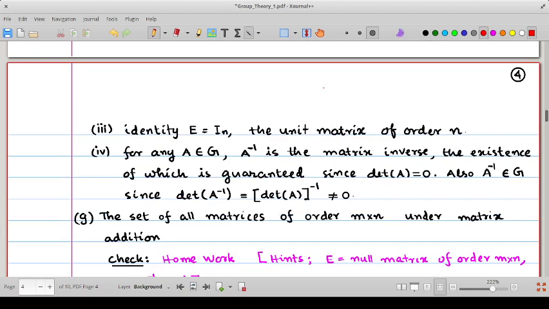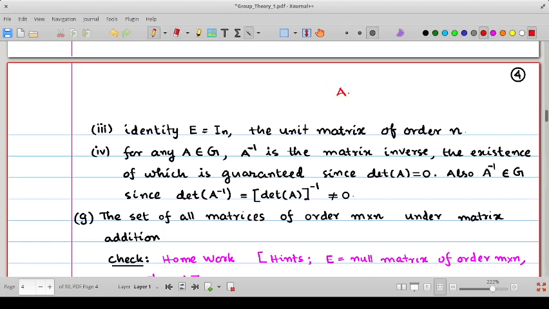And we also note that the identity matrix, the unit matrix of order n by n, is the identity for matrix multiplication of n by n square matrices.